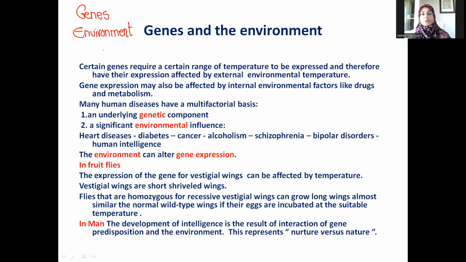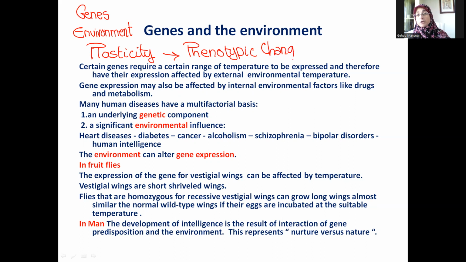There is a term that's not written on the slide, but that I will be writing now, which is plasticity. Plasticity simply means that you have a phenotypic change, meaning a change in the trait or a change in the phenotype, and that phenotypic change results from environmental factors.